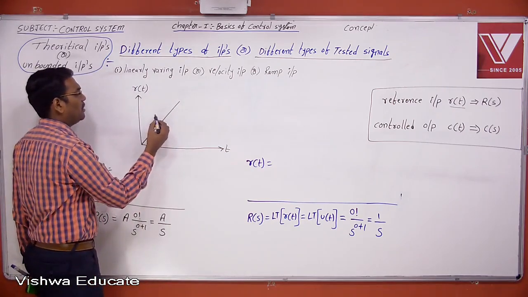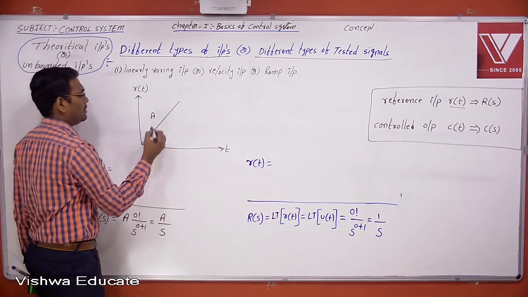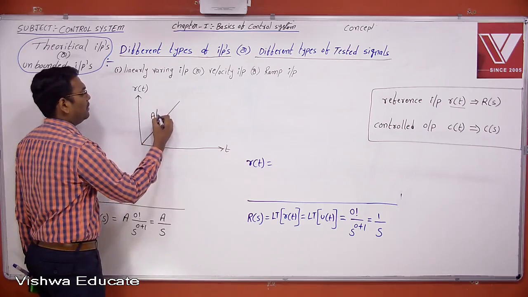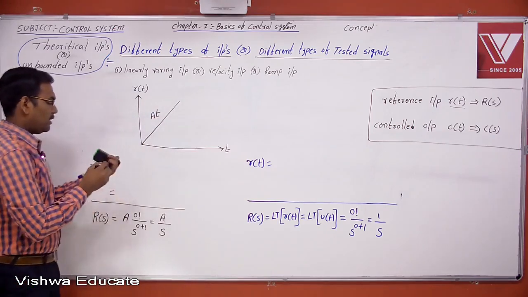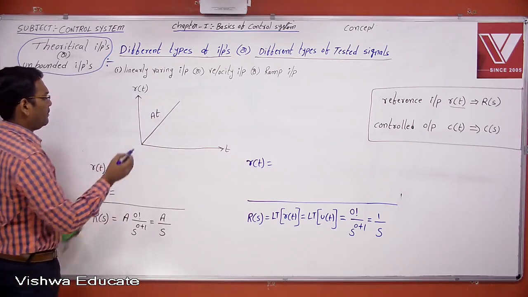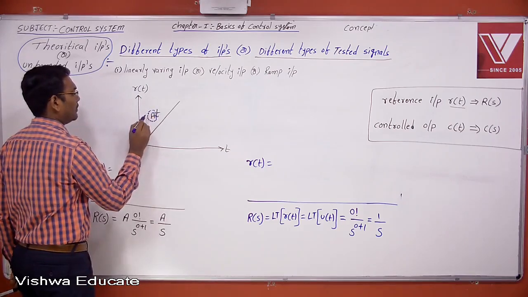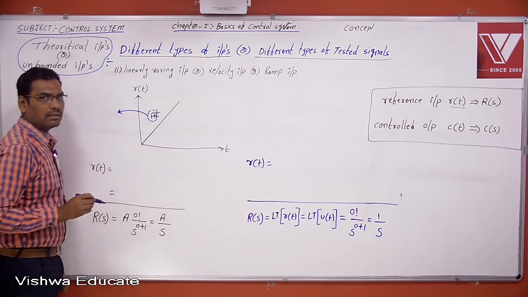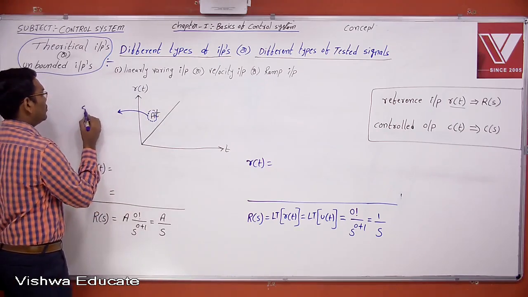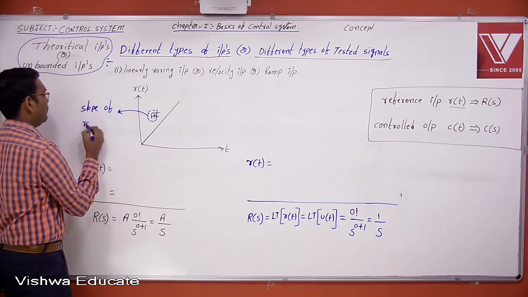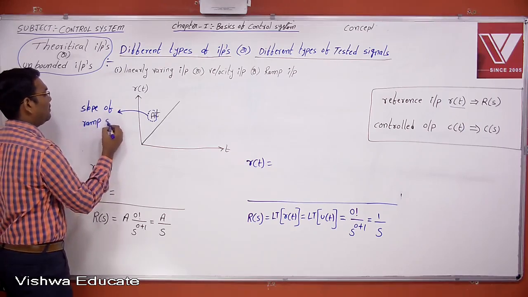Therefore, A is the slope of the ramp signal.